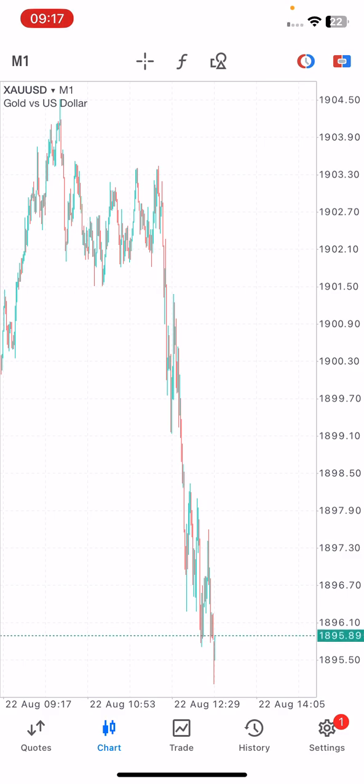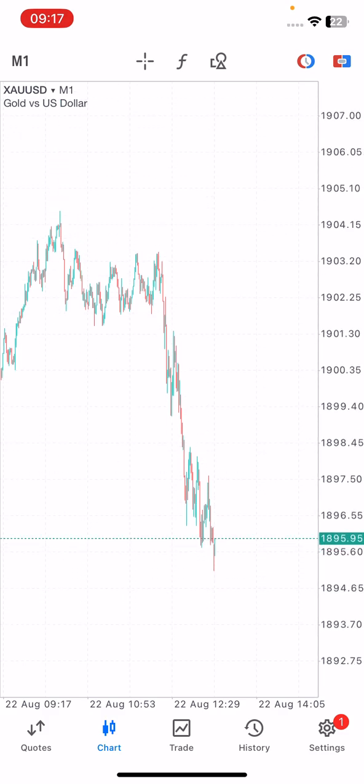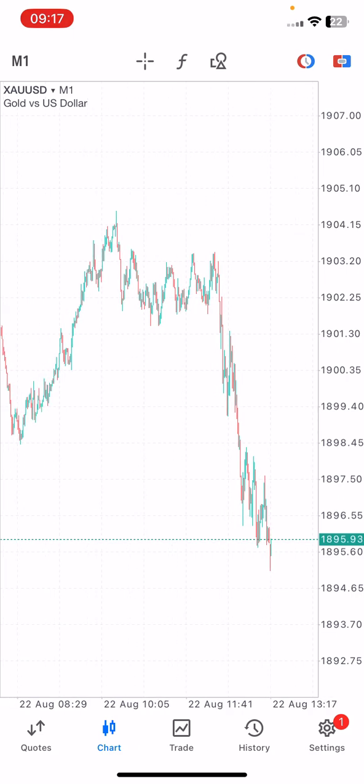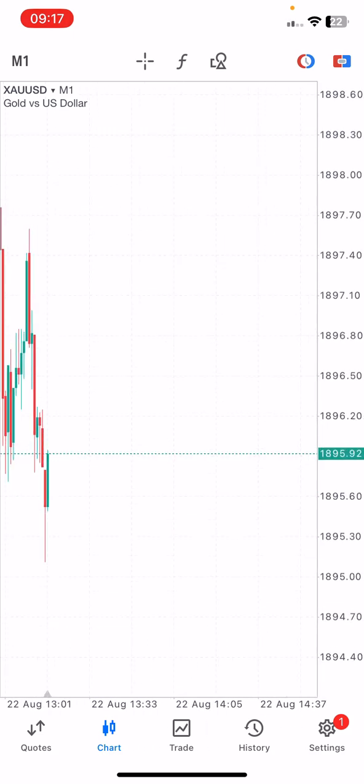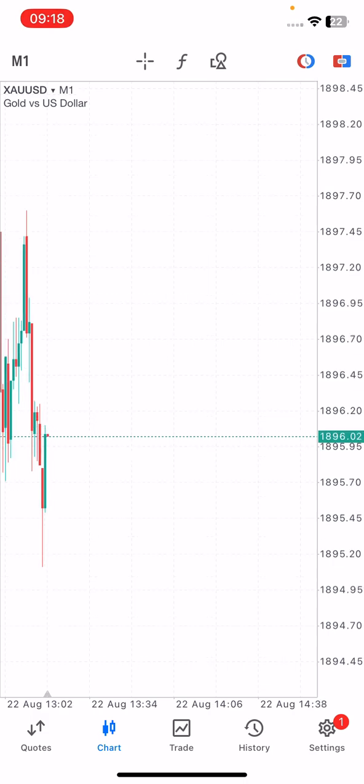Under the charts, the chart is just the graphical representation of the market. This is what tells you what the market is going to do, or what's actually happening in the market.